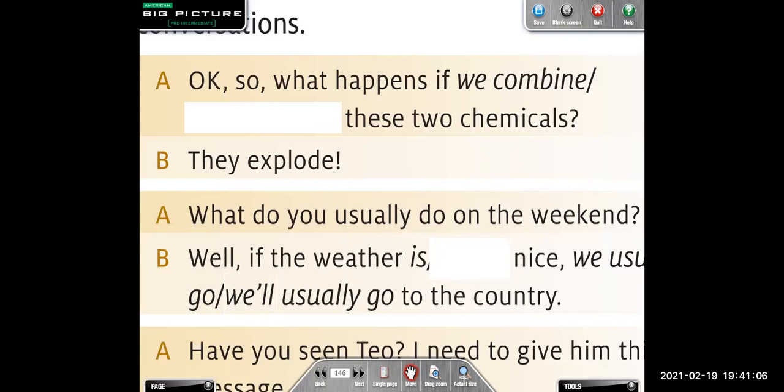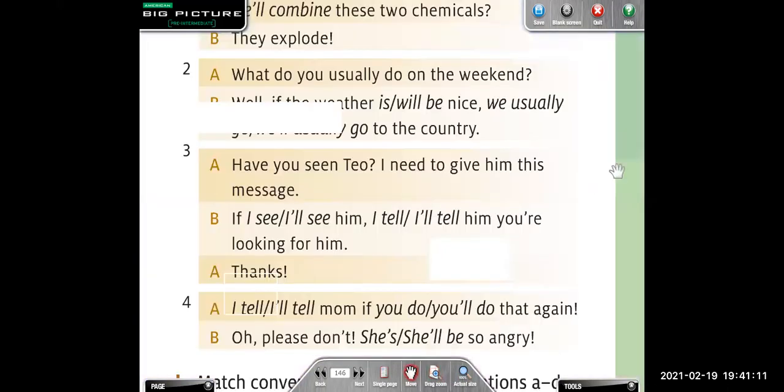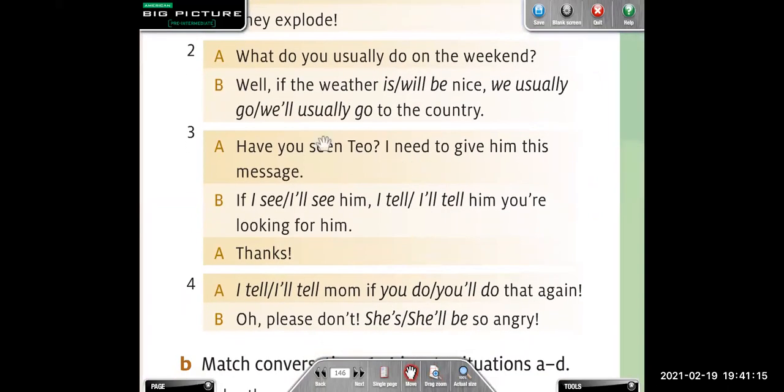Okay, voy a hacerlo un poquito más. So, we usually go to the country, sería acá. ¿Por qué? Porque cuando utilizamos usually, utilizamos el presente simple, ¿cierto? If the weather is nice, we usually go to the country. Si el clima está bien, vamos al campo, ¿cierto?